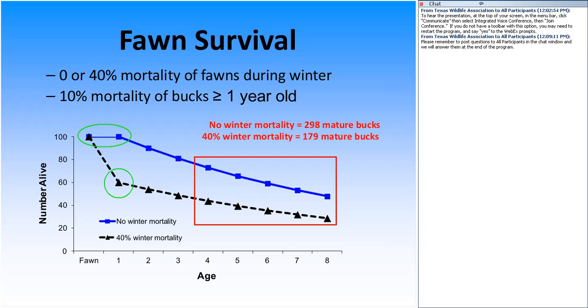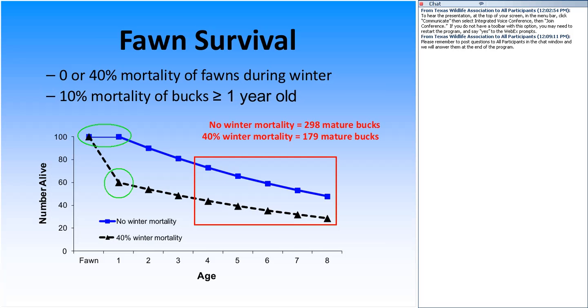What this means is that if you take all the mature deer in this particular little population, if there was no winter mortality, in other words, that upper blue line, and you add up all the bucks that would be in the 4, 5, 6, 7, and 8 year old age category, you've got about 300 mature bucks.